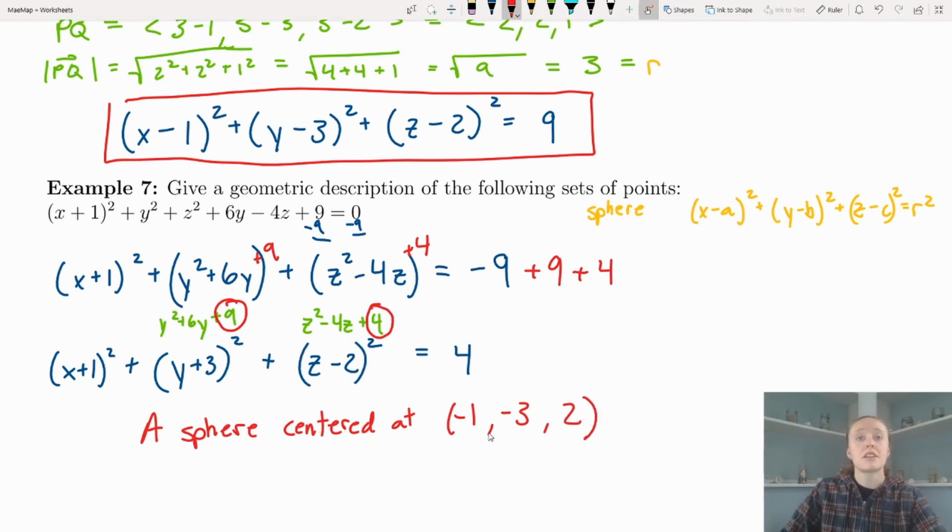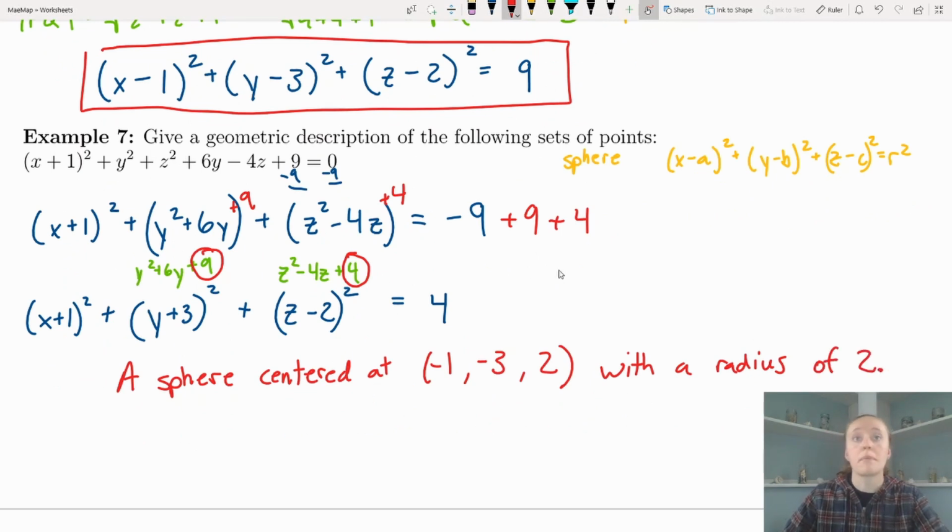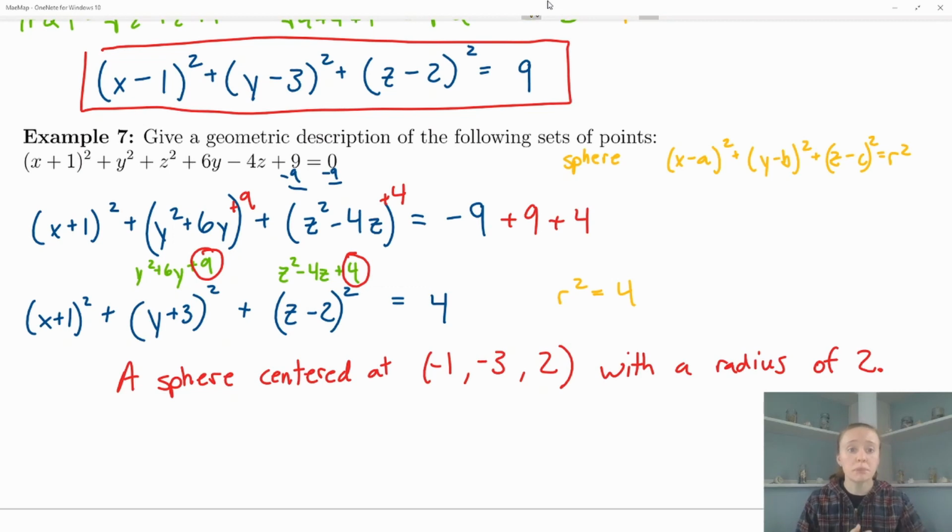So our point is negative 1, negative 3, 2, and we have a radius of 2, because remember, r squared is 4, and the square root of 4 is 2. So the geometric description of this set of points is a sphere centered at negative 1, negative 3, 2, with a radius of 2.